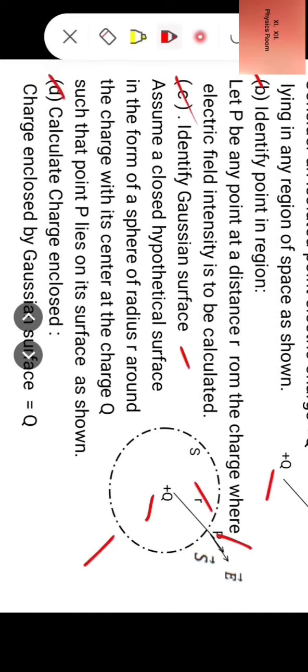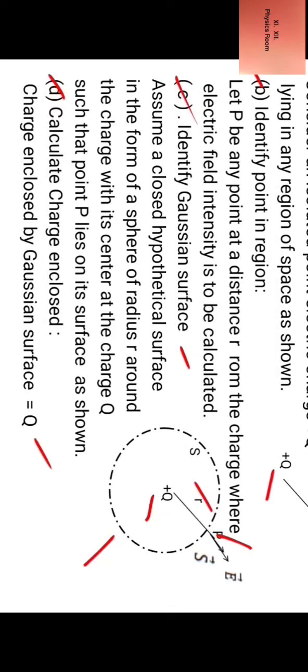D. Calculate charge enclosed. Now, the charge enclosed by the Gaussian surface is equal to Q. You see in the diagram, the Gaussian sphere encloses charge Q only.